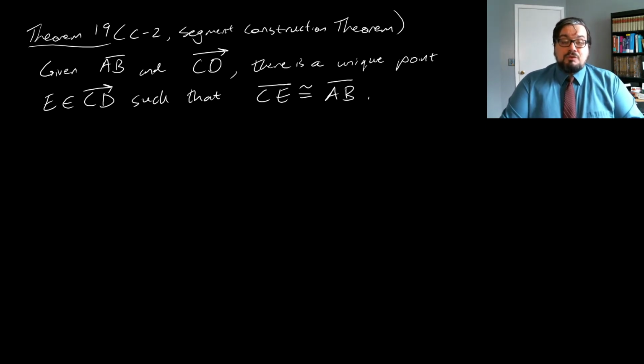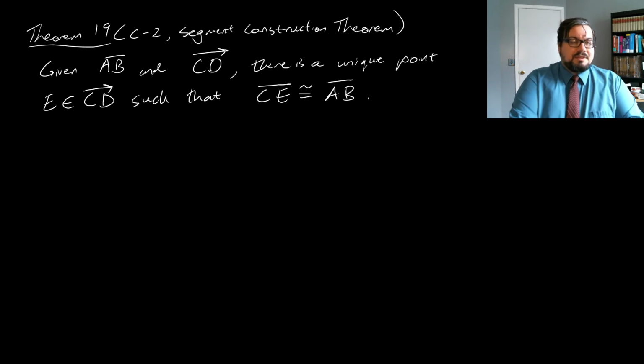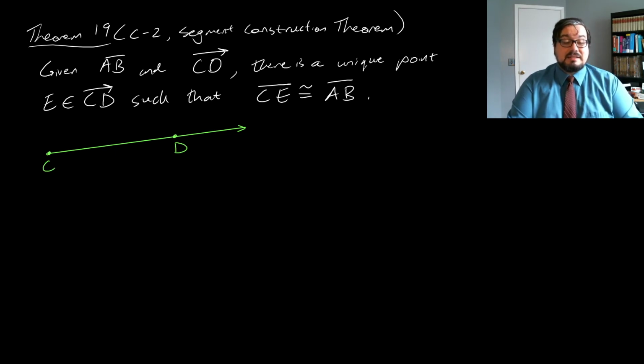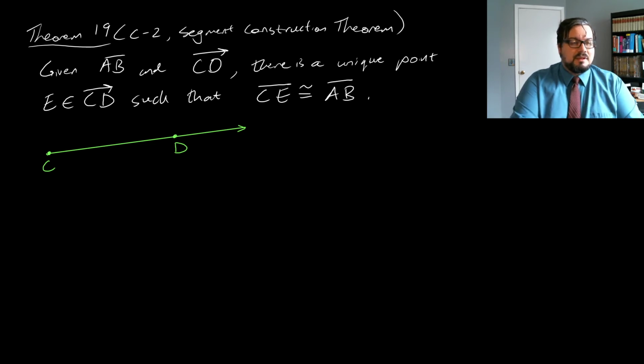Before getting into the proof, let's see visually what this means. So let's say we've got a ray here, and this ray is the ray CD, starting at C and passing through D. And then we have a segment over here.